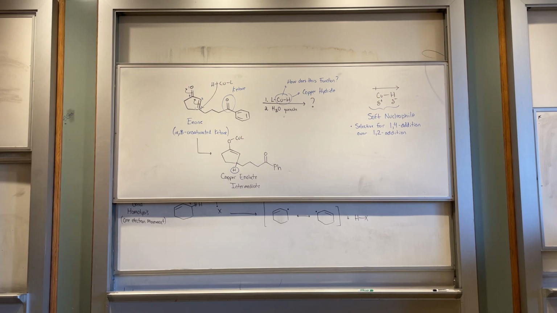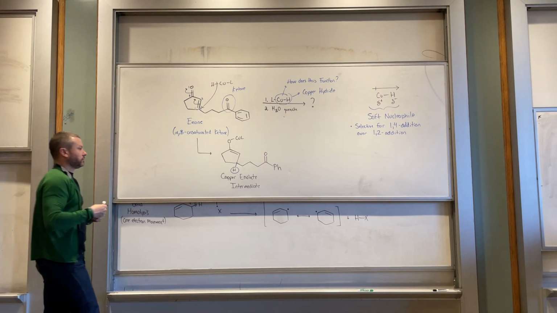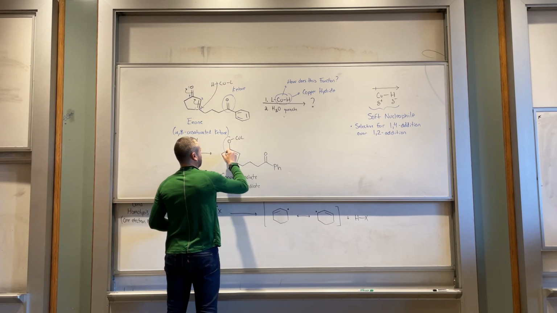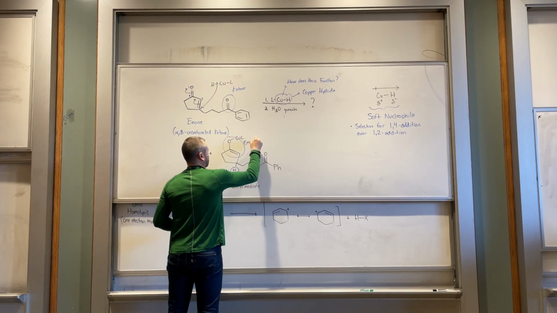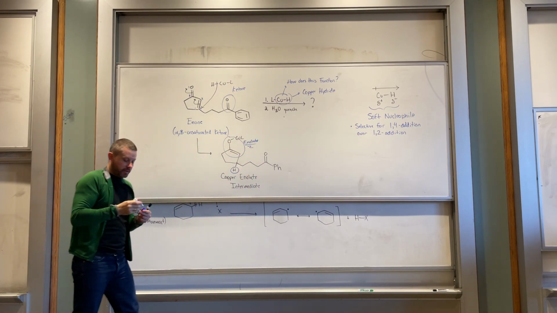Once we form this enolate intermediate, there are kind of two options, or two things that could take place. So what options do we have? Right, we have an enolate.